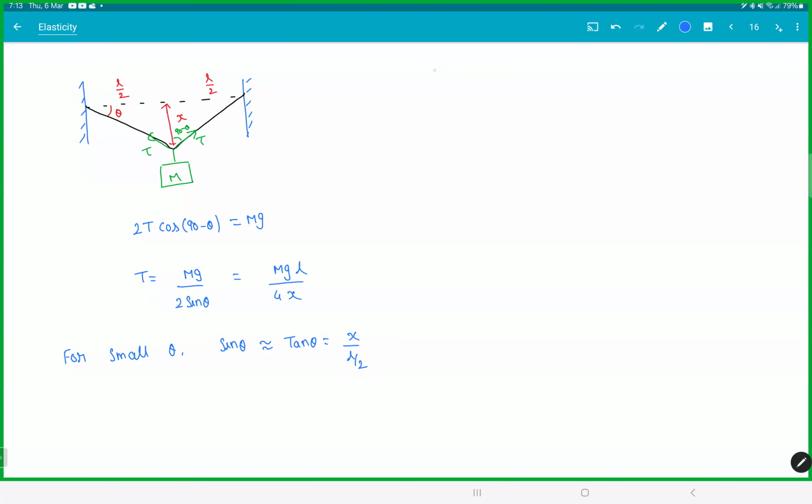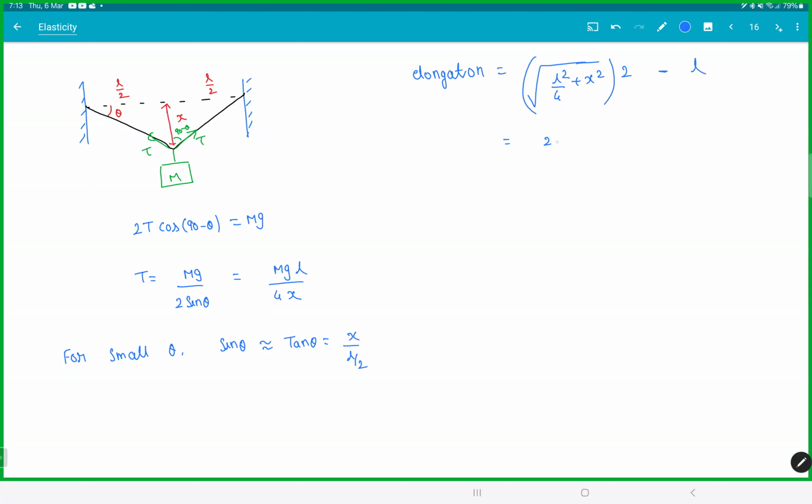And what is the elongation here? The elongation in the wire will be the hypotenuse, so this length minus the initial horizontal length, isn't it? That will be root over L square by 4 plus x square, that is your hypotenuse, into 2, minus L. Agreed? The total hypotenuse minus L will give you the elongation.